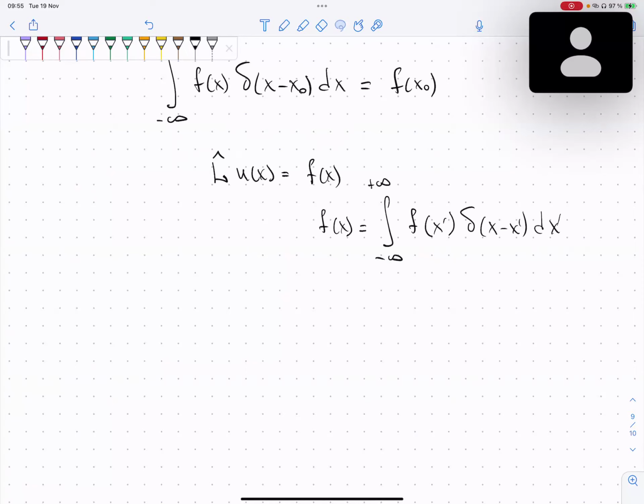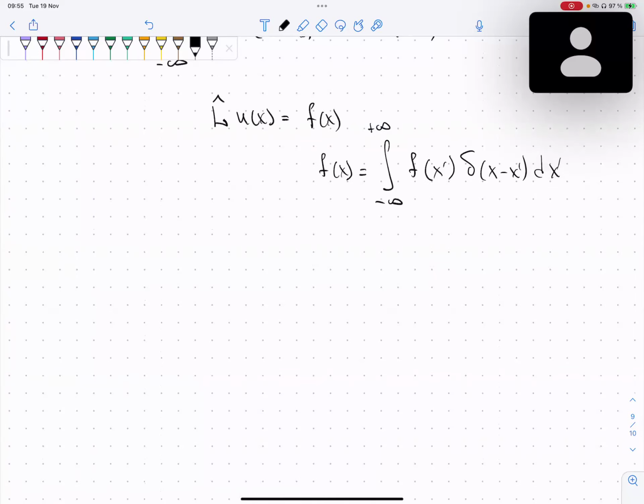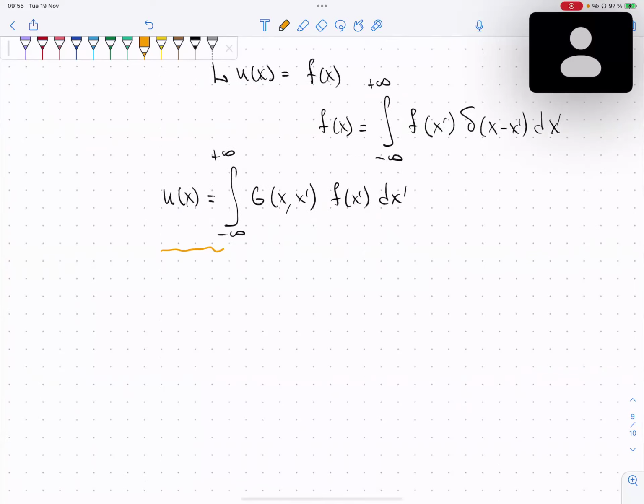And let me also make the following assumption. Let me assume that our function u of x can be expressed as some function g of x and x prime multiplied by f of x prime over dx prime. We make, quote unquote, the following assumption.